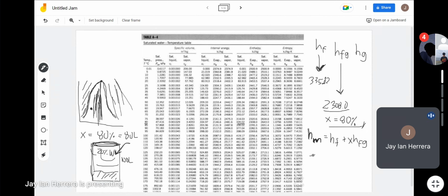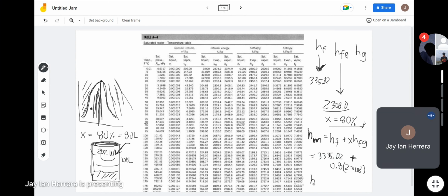So, technically, ayan. So, 335 pala, 0.02 plus, so that's 80%. Let's say 80% yung ating mixture. So, 0.8 nung itong 2308. Ayan.